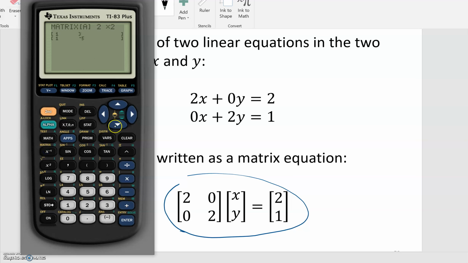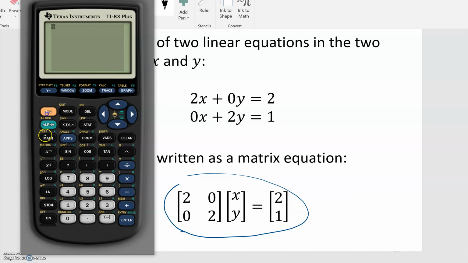Matrix A is 2, 0, 0, 2. Matrix B is 2, 1. So 2 by 1, that is 2, 1 in its entries. Okay.